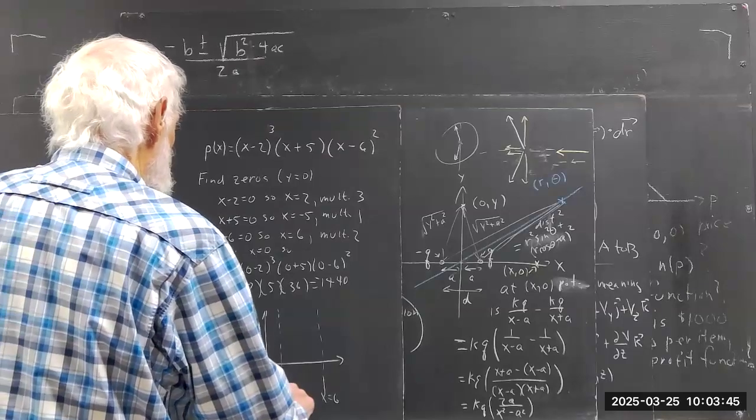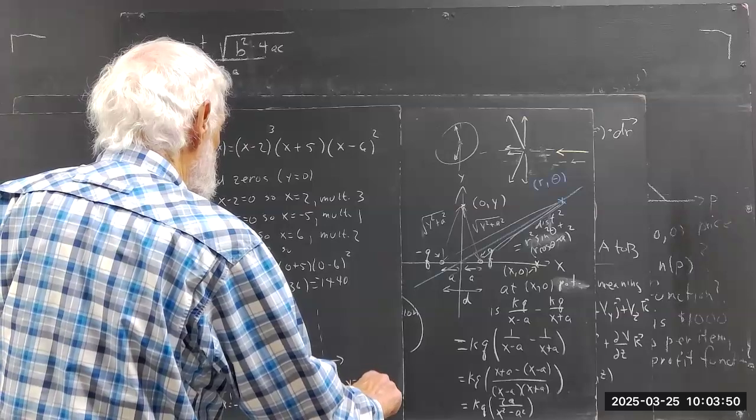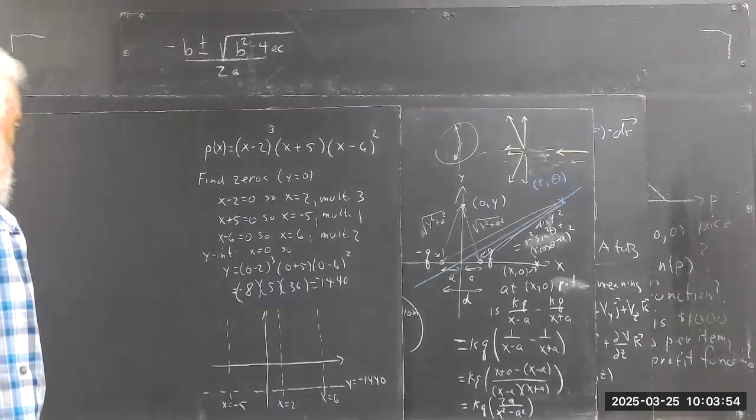And we know the y-intercept is going to occur at y equals -1,440.